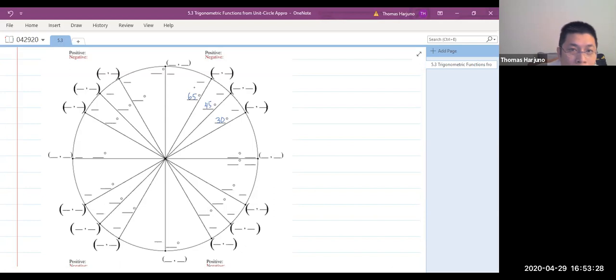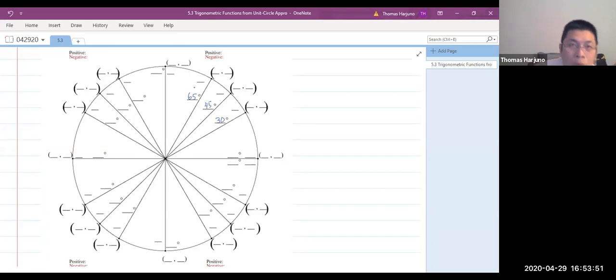Later on, after class, I usually post my lecture notes, and below those lecture notes I will give you this worksheet also. Try to print it out, or at least download it to your phone or your computer, and practice yourself in visualizing the coordinates.